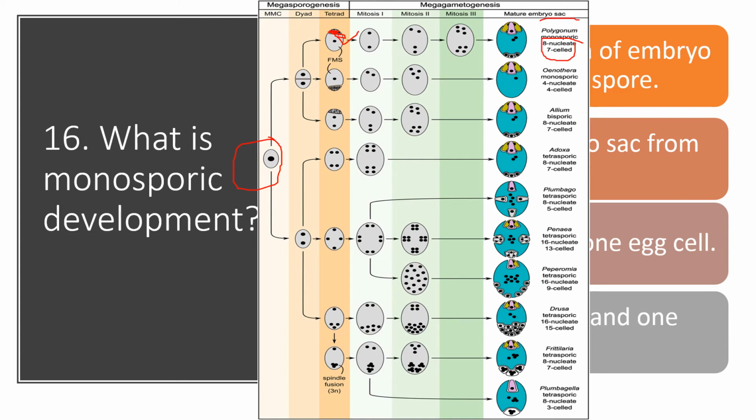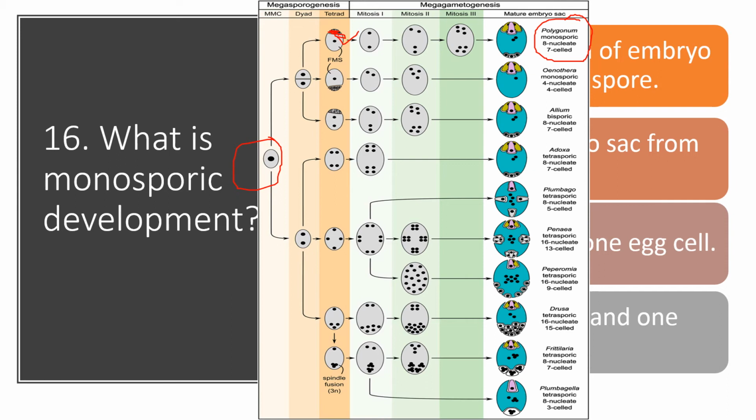This type of embryo sac is called the polygonum type, and it is also called the monosporic type of embryo sac, because the complete embryo sac is developed from a single megaspore, as the other 3 disintegrate. So it is called the monosporic type of embryo sac.